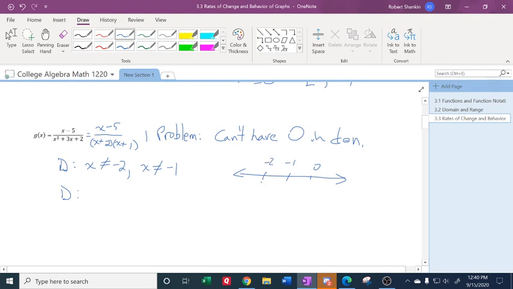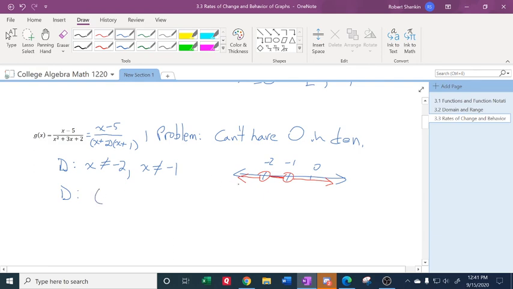On the number line, it would be everything between here and here, and then all of this. Thus, this part way to the left.